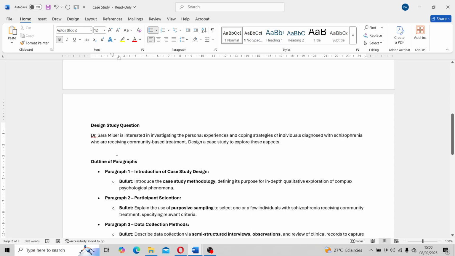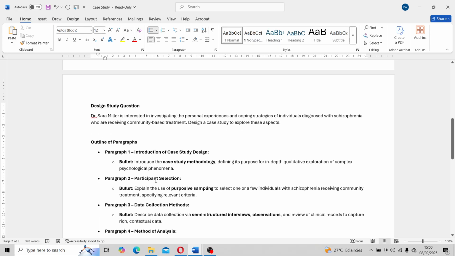First and foremost, try to outline your paragraphs. Introduction of case study design: you can introduce the case study methodology, defining its purpose for an in-depth qualitative exploration of complex psychological phenomena. That is what we are doing. So it's a case study.